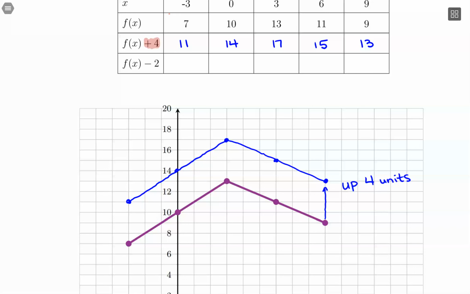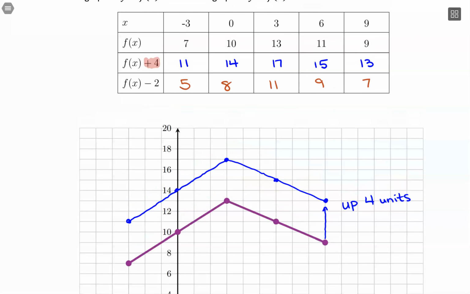So with -2, I'm going to take all of my original f of x values from my table and subtract 2. So I'll have 7 minus 2, 10 minus 2, 13 minus 2, 11 minus 2, 9 minus 2. So now I have these new coordinates where I have x is -3, y is 5, 0, 8, 3, 11, so on and so forth.